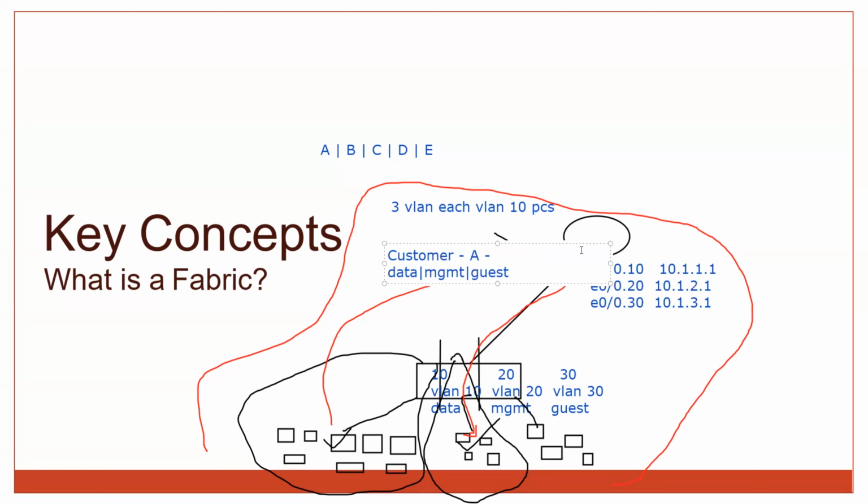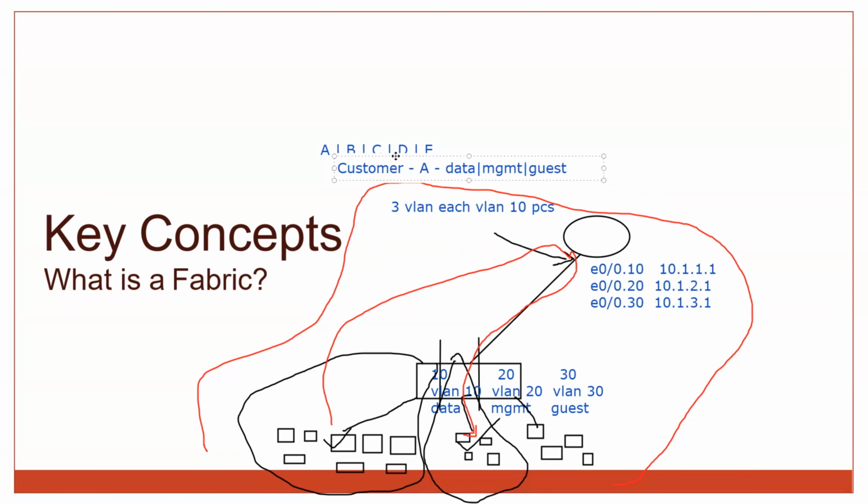Now the question here is that you have to do the same arrangement for 4 more customers, B, C, D, and E. The same thing you have to do, and you are not allowed to touch the physical connectivity. So here you have some physical connections as well, right? What physical connections do you have? Router to switch, switch to PC. Without touching this physical connectivity, how will you do the same arrangement with the rest of the customers?